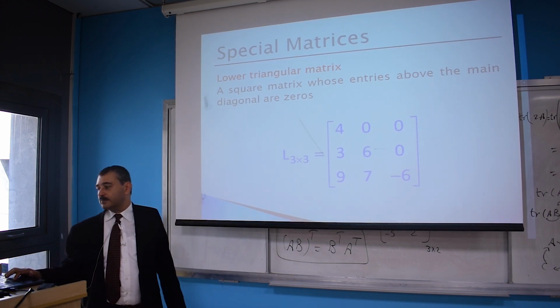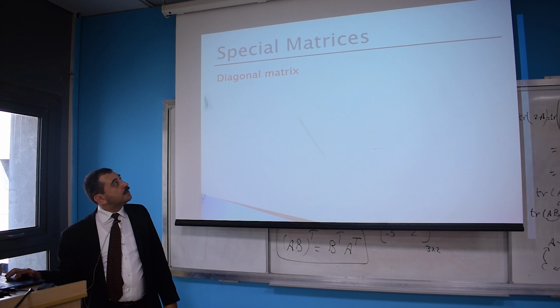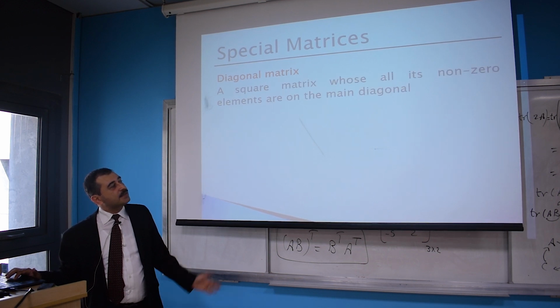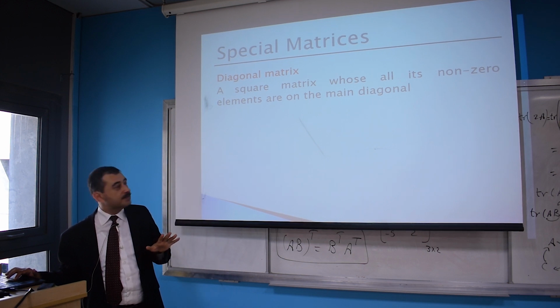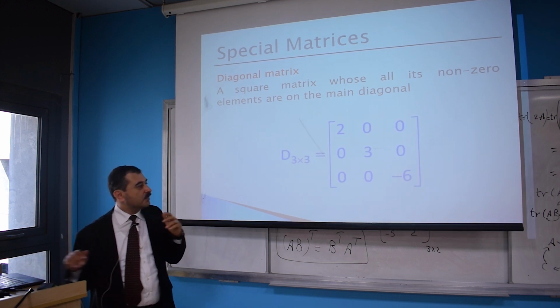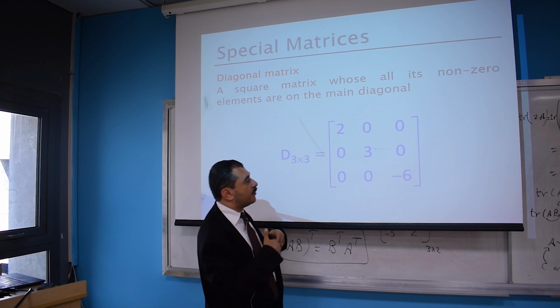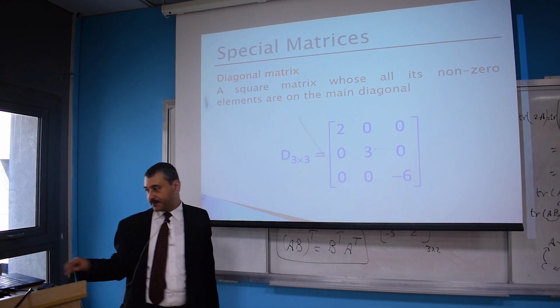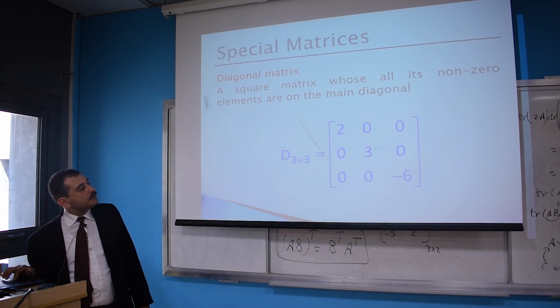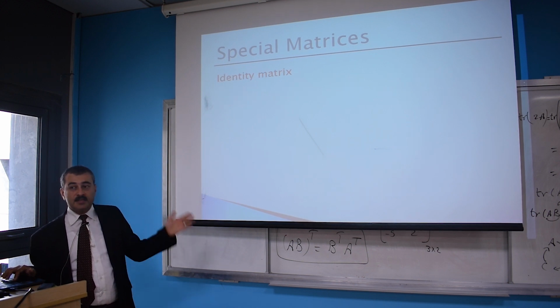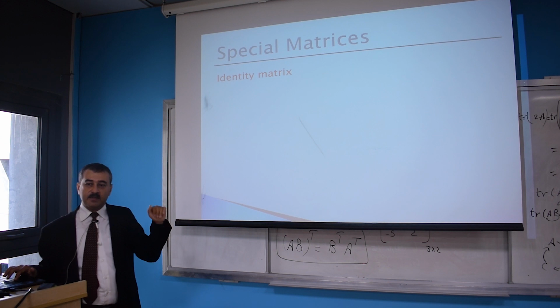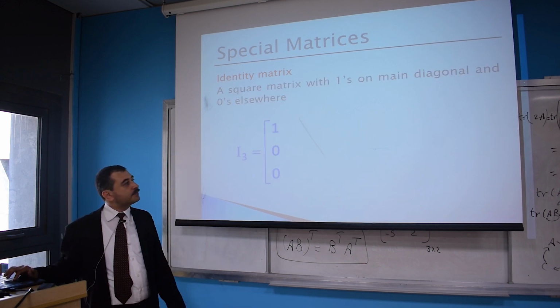Okay? So the diagonal matrix is a matrix that has non-zero entries on its main diagonal, or in other words, zeros above and below the diagonal. The identity matrix is considered a special case of the diagonal matrix.